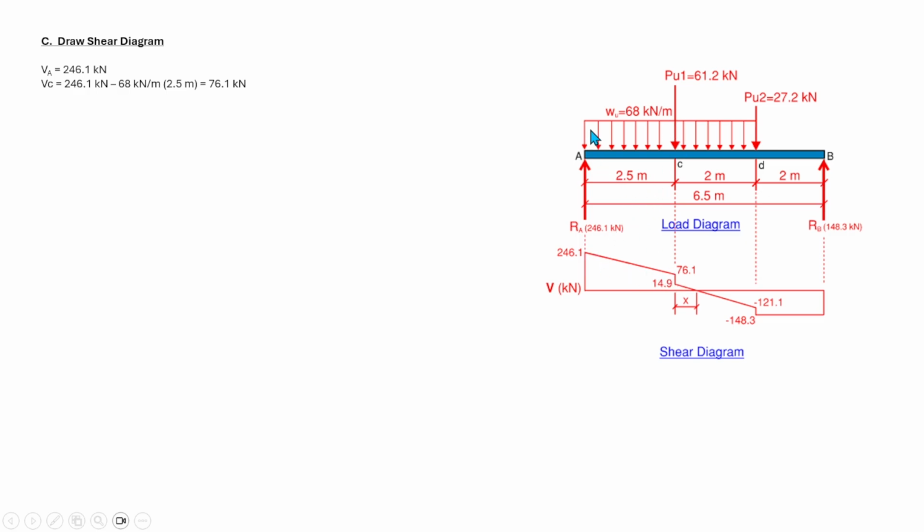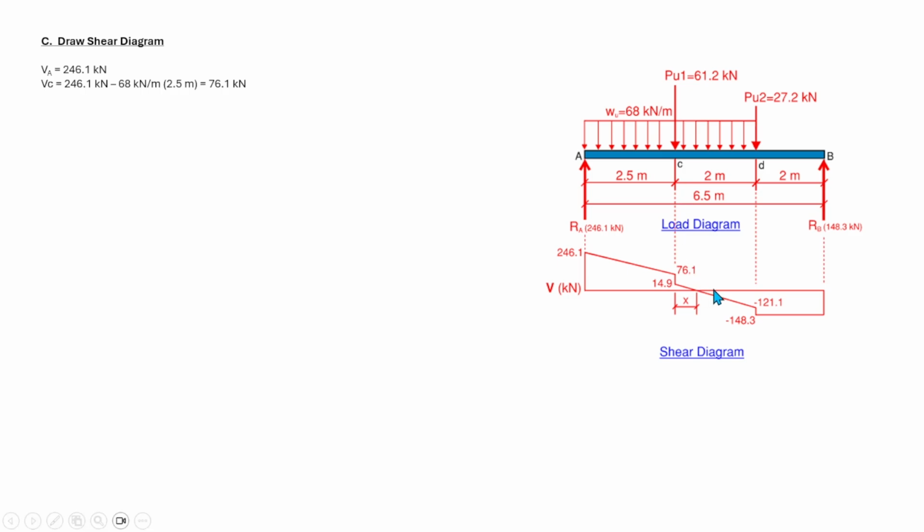Now the shear at point C is equal to 76.1 minus the concentrated load of 61.2, which is equal to 14.9 kilonewton. This is the shear just to the right of point C.